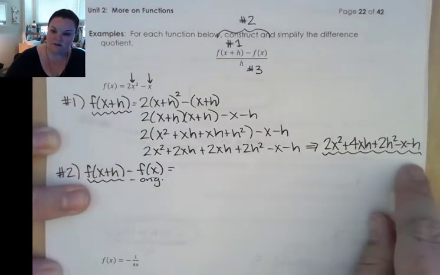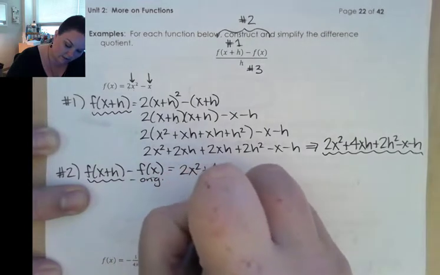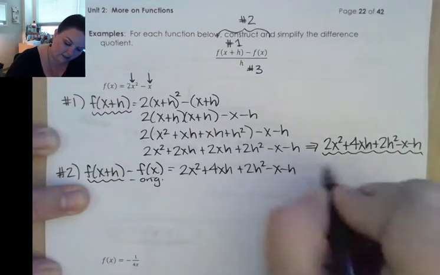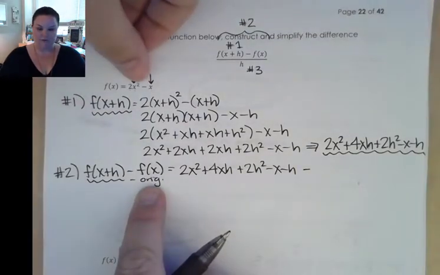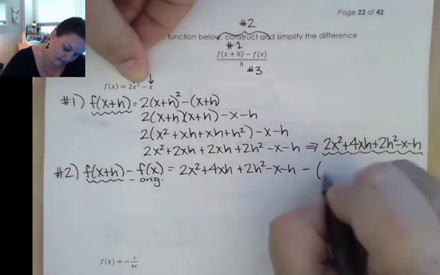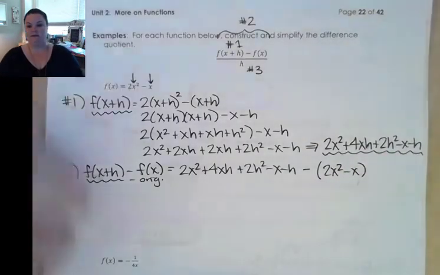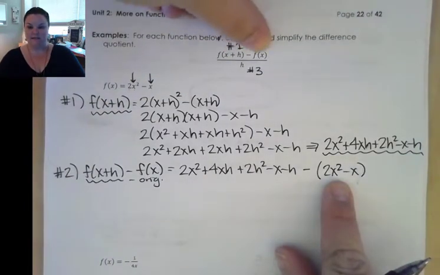So here's the answer I got from step 1: 2x squared plus 4xh plus 2h squared minus x minus h. And now we're subtracting our original function, which if we look back up here, is 2x squared minus x. Okay? And now this is what we need to simplify to figure out what this whole top piece equals.